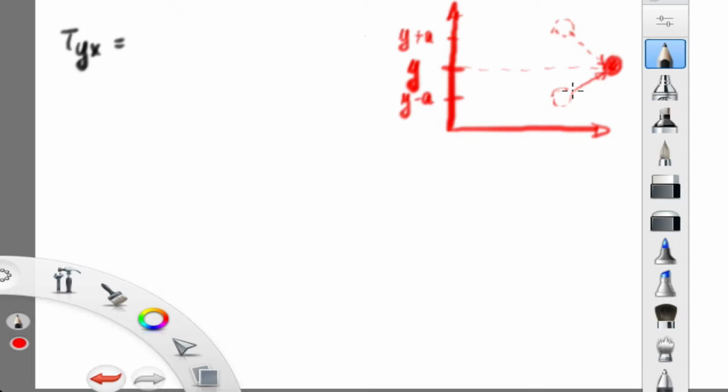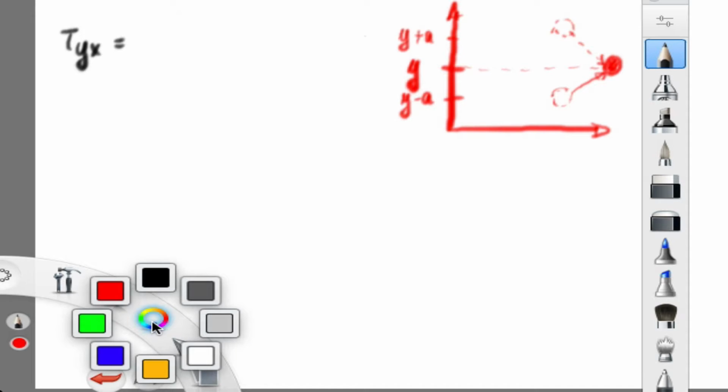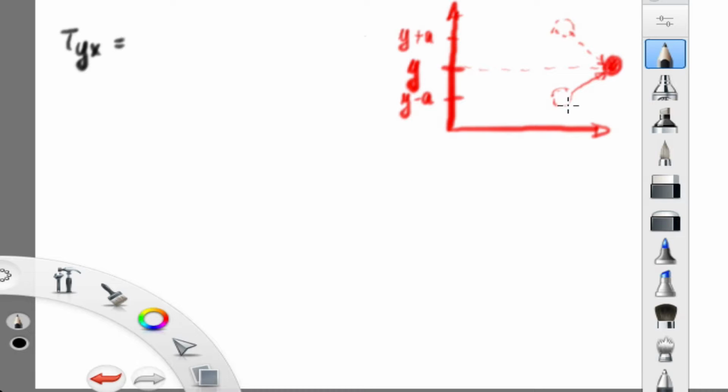Okay? And this distance is lambda, and this distance is obviously A. Good news is I can erase. Okay?